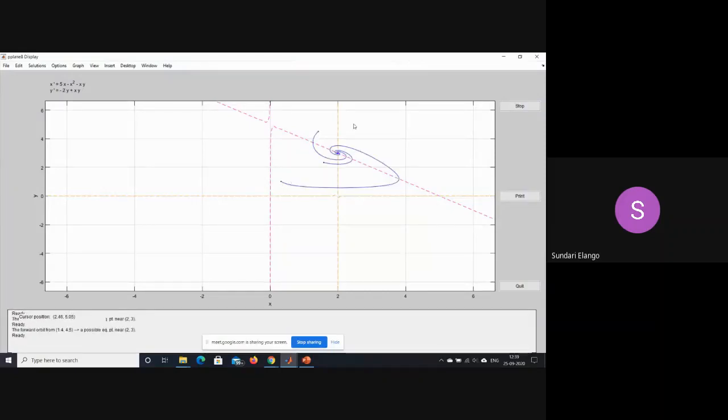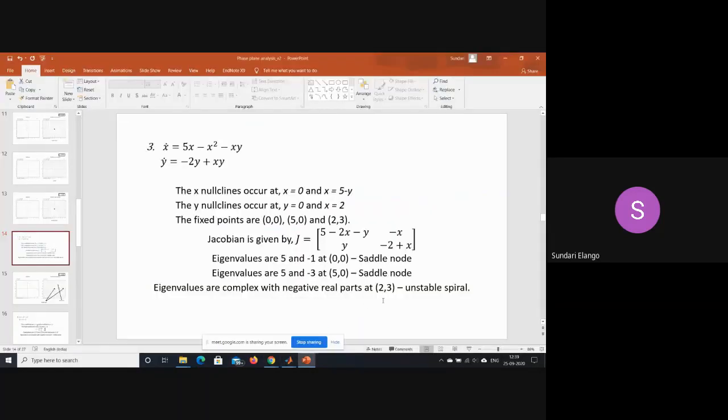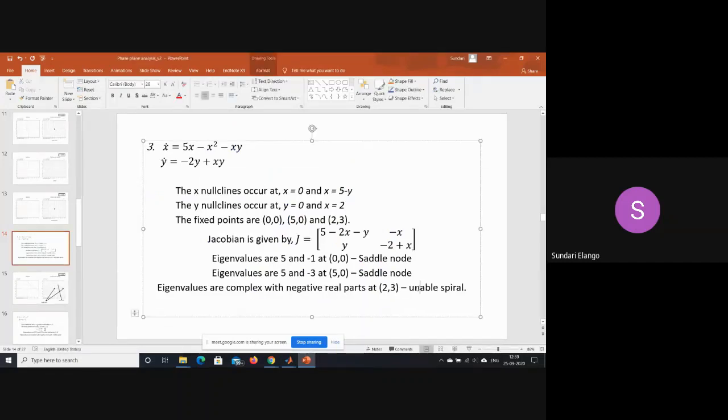You can see that the fixed point here is a stable point, but it's a spiral. The reason why it's a spiral is because the eigenvalues corresponding to it are complex. Sorry, this should be stable spiral.